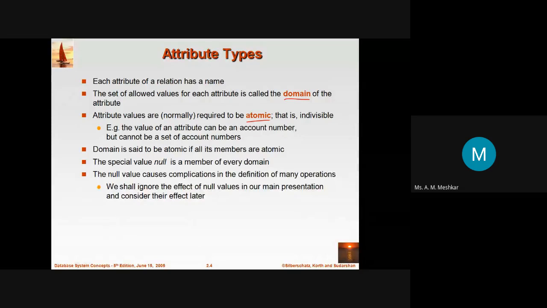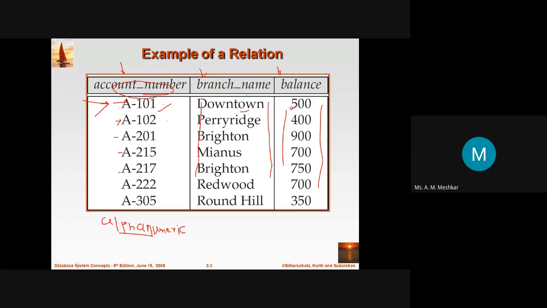Now what is null? We can have a null value or some attributes as having the special value null. तो null का मीनिंग ये नहीं है कि there is nothing. Null का मीनिंग ये है कि it is presently not known.